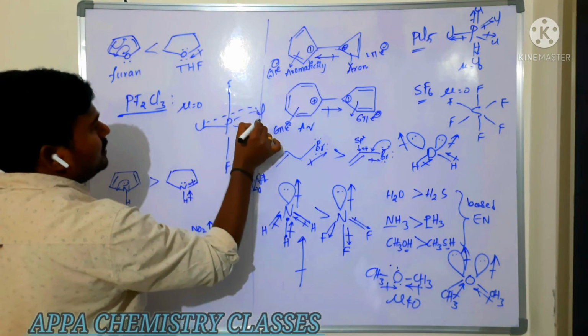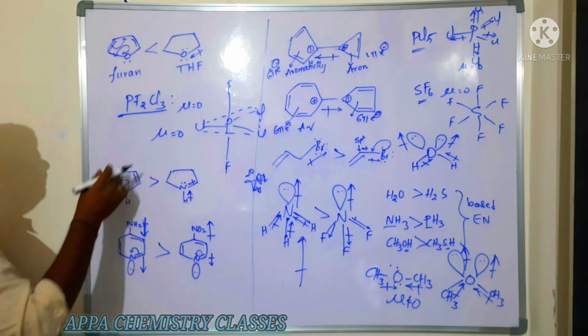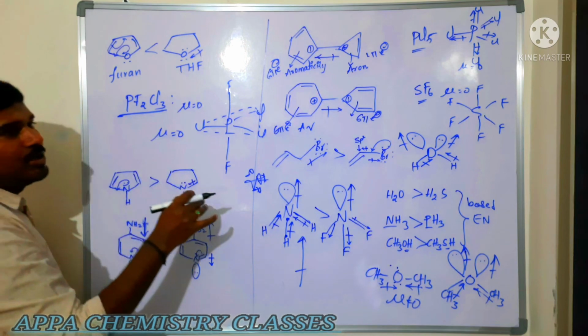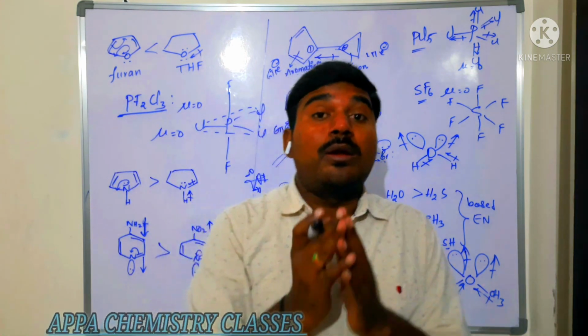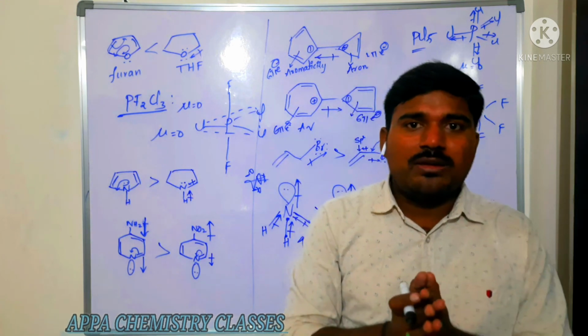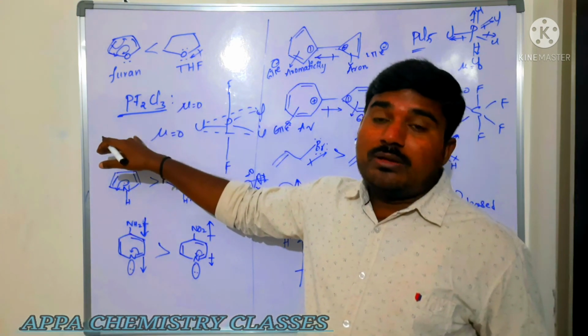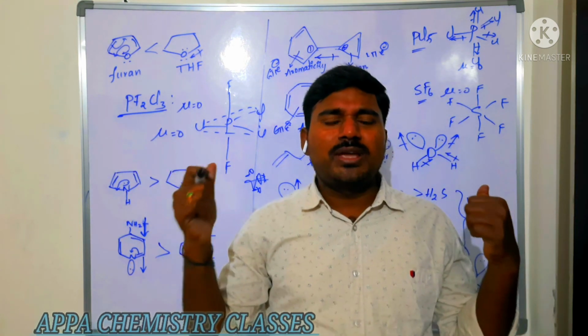So the dipole moment is equal to 0. Even though it is not a symmetrical molecule, its dipole moment is 0. For that reason, in the first video I explained, not always. Even without a lone pair, mu is equal to 0. These are all the examples.